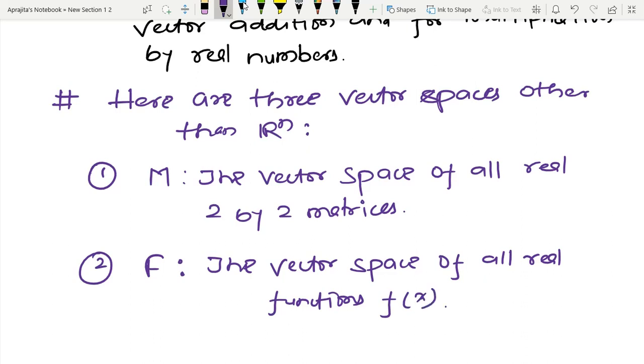So here the element of the vector space is some class of function. In the first example, the element is a matrix. In the second example, the elements are the functions, or vectors are the functions.